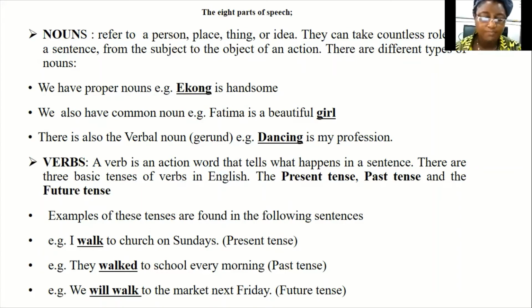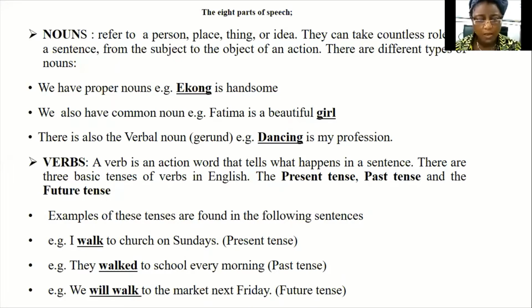Now let's look at the verbs. A verb is an action word that tells what happens in a sentence. There are 3 basic tenses of verbs in English: the present tense, the past tense, and the future tense. Examples of these tenses are found in the sentences below.